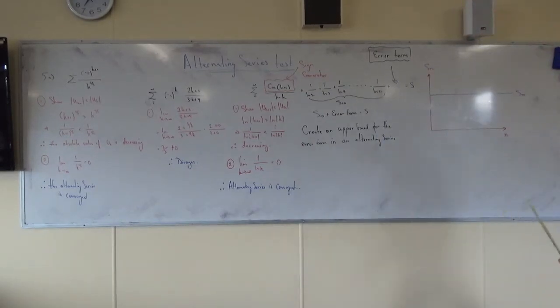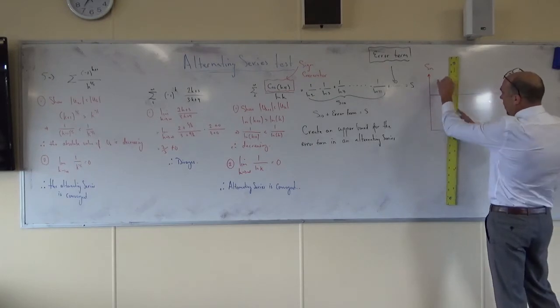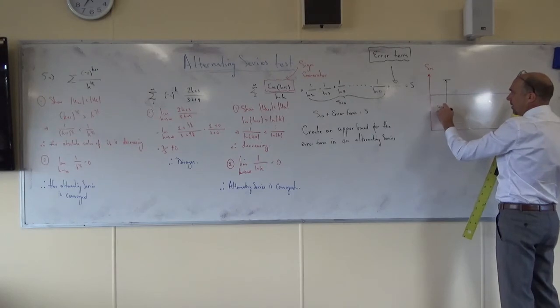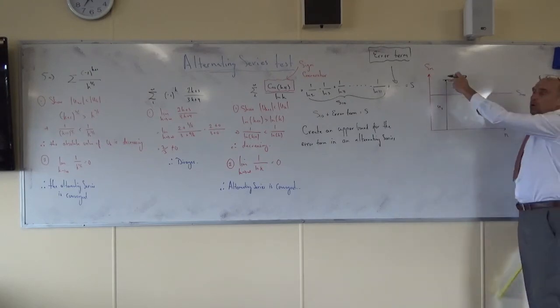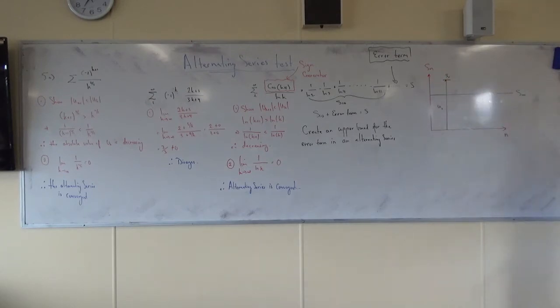What does U1 take me to? Let's just pretend U1 takes me up to here. This is U1. What's this called? S1. Good. Now, if it's an alternating series, U2 will take you above or below S infinity.